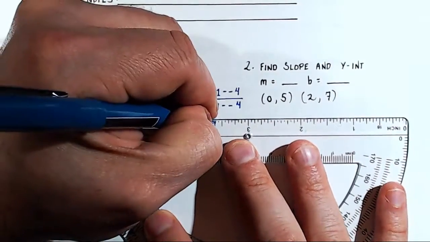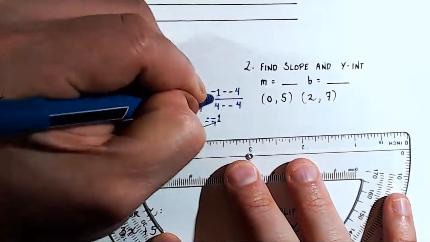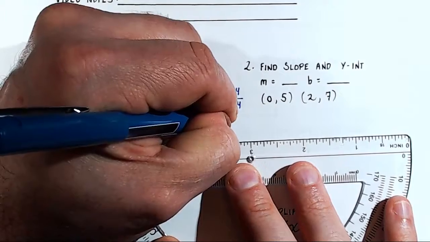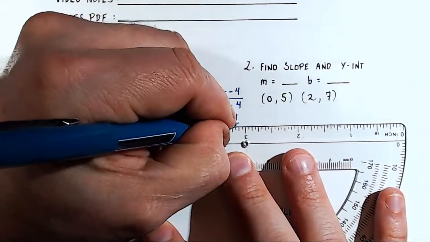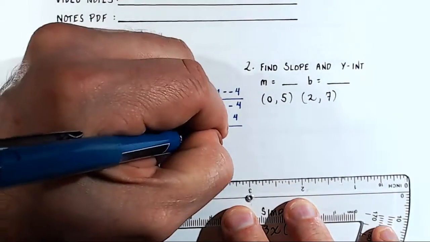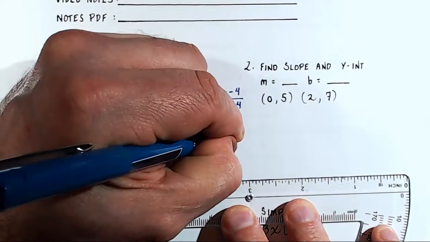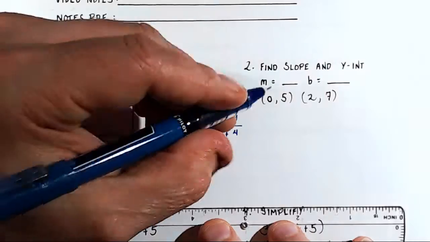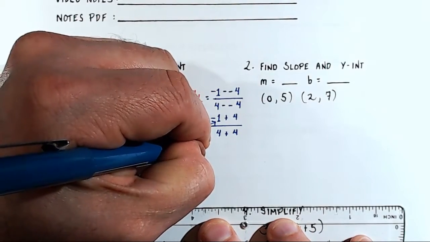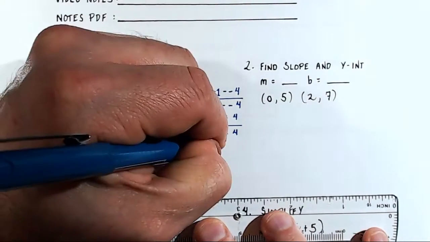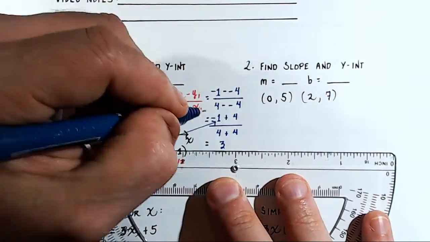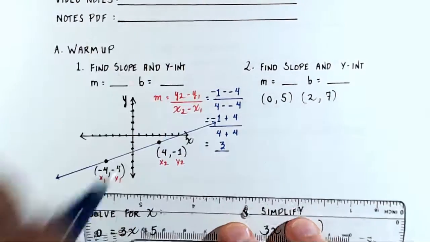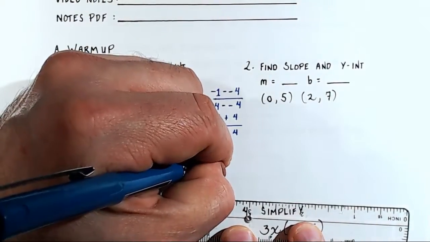I have -1 plus 4 over 4 plus 4. Okay, so what's -1 plus 4? That would be 3. So that equals 3 over 4 plus 4 is 8.